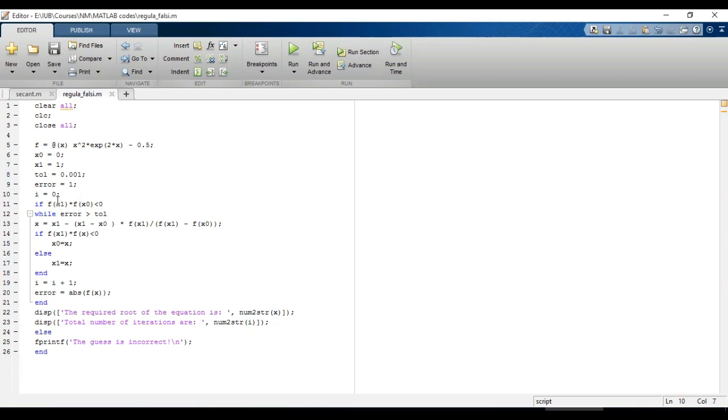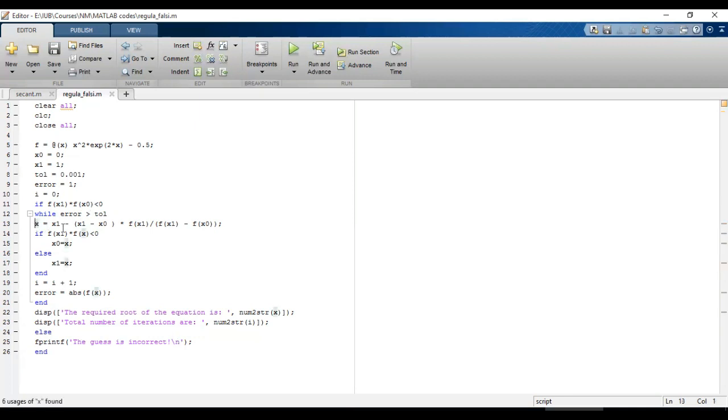So if the product of f of x1 into f of x naught is negative, then we are sure that the solution exists between these 2 points. Otherwise, it will print this error at the command window that the guess is incorrect.